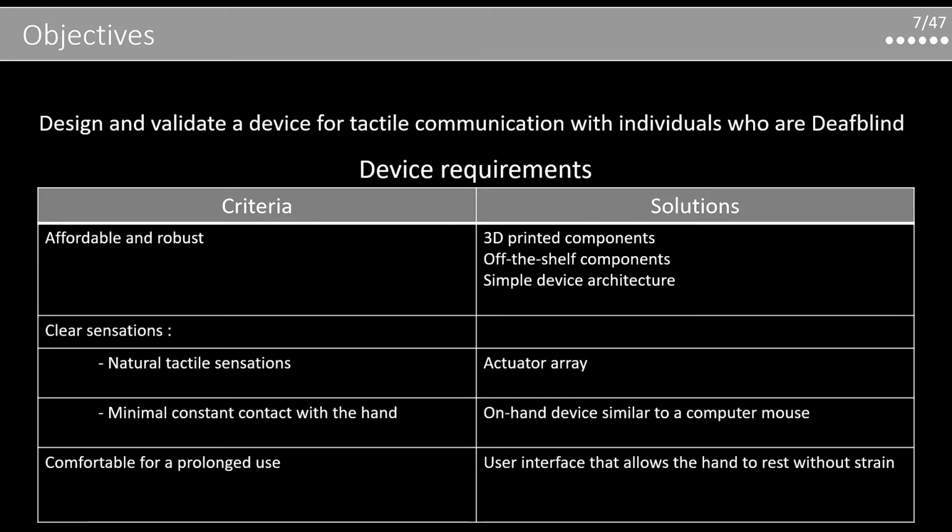And in order to recreate this natural tactile sensation, we could try to develop a robotic hand with 5 fingers and a palm. However, it would be quite complex to create, and then quite complex to control in order to properly touch the skin of the person who is deafblind at different places.